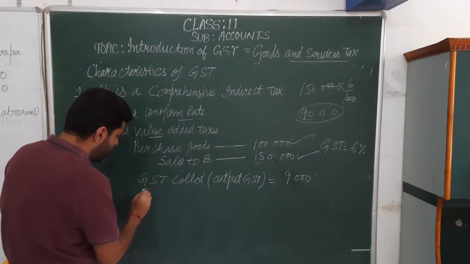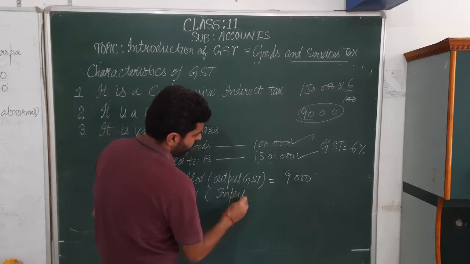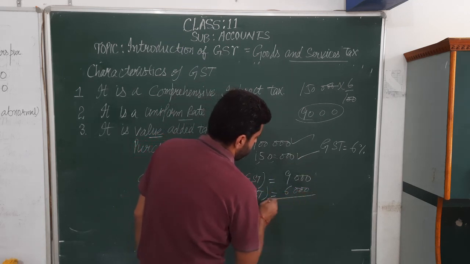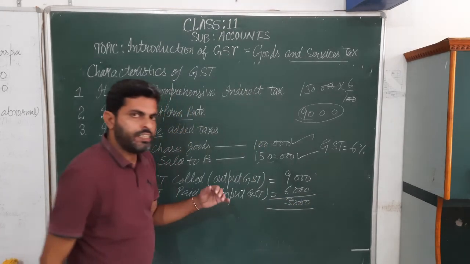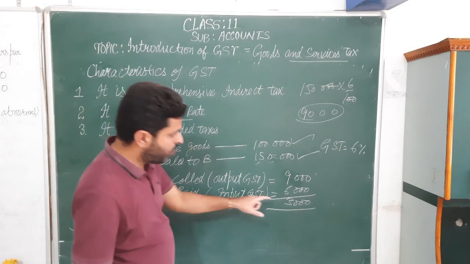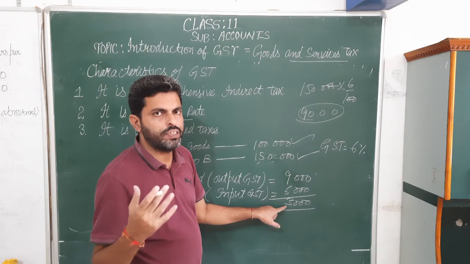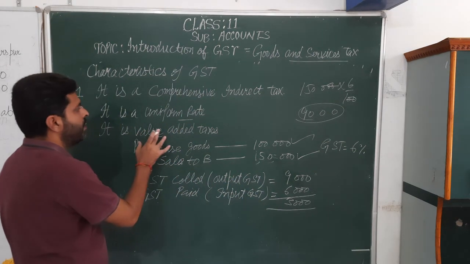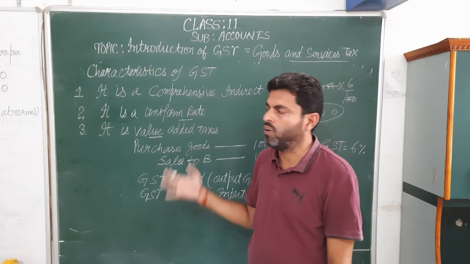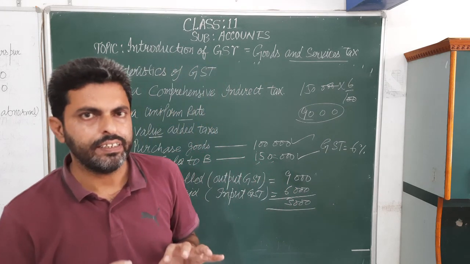And GST paid means input GST at the time of purchase, 6,000. This GST paid is set off against GST collected. Now 3,000 is deposited in the government account. This is known as a value-added tax. Okay, these are the main characteristics of GST: comprehensive, uniform tax rate, and value-added tax.